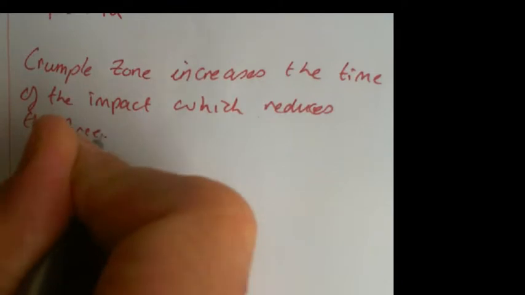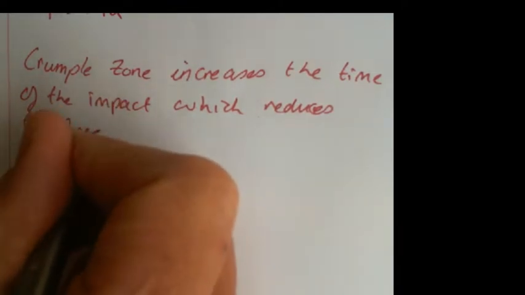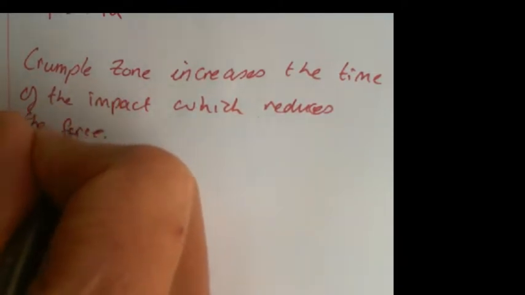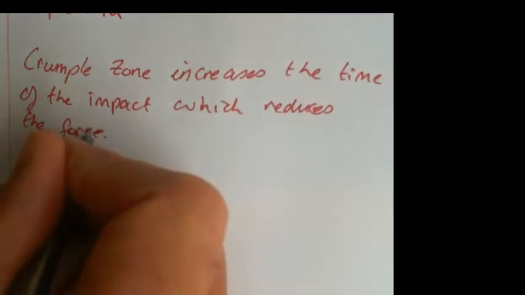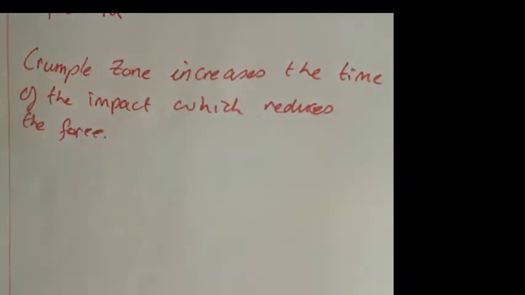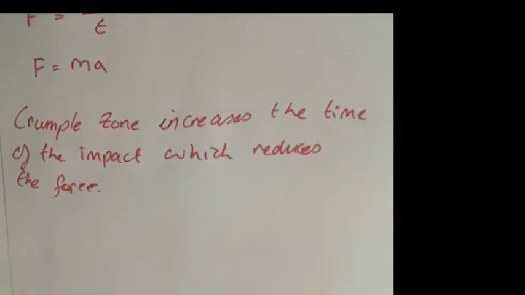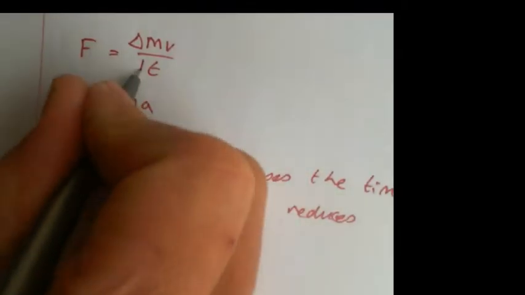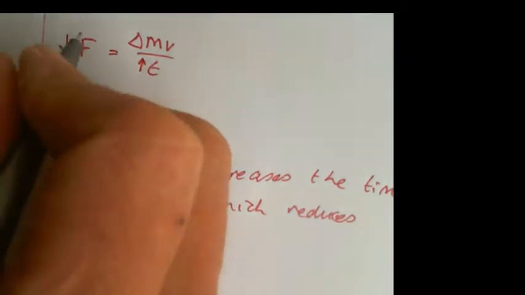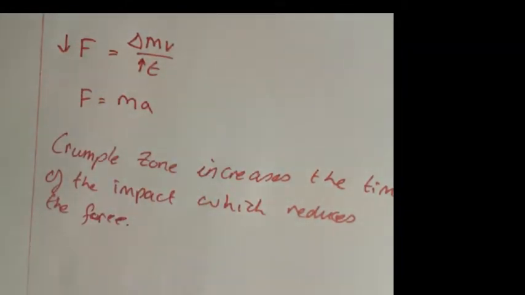Okay, that's the first one. And anything where the speed at which the impact is reduced, the rate that it is reducing the force is by increasing this t, you decrease the F. Okay, so there's quite a few examples of things like that.